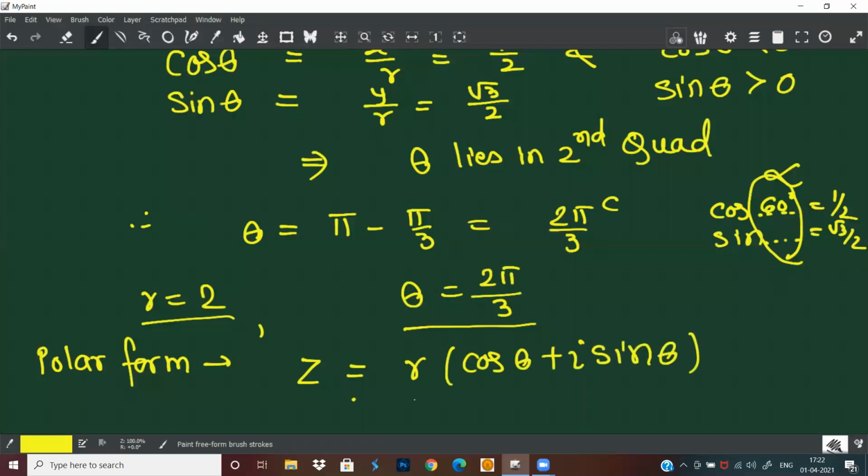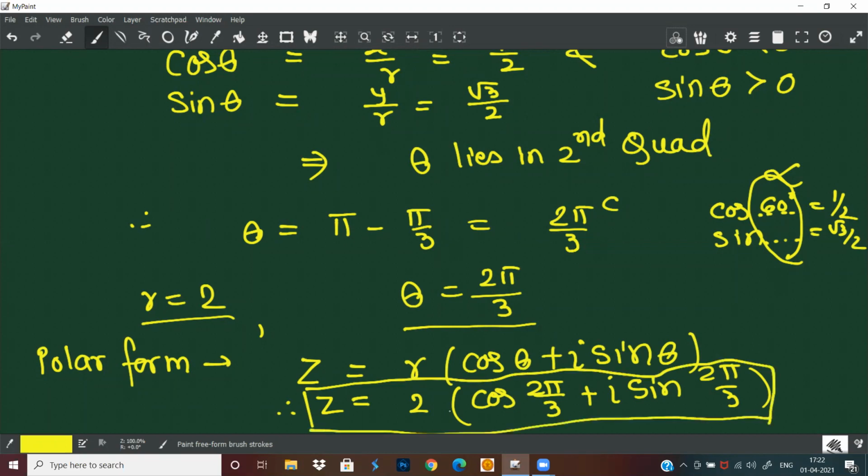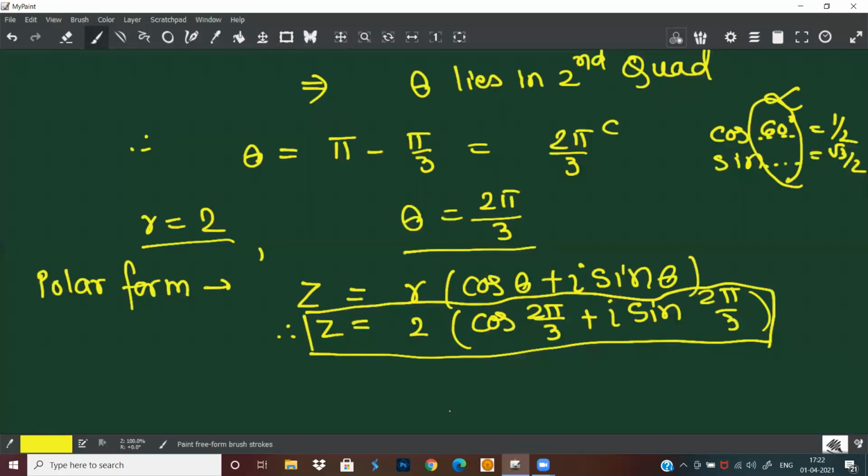So r is 2, cos of 2 pi by 3, sin of 2 pi by 3. This is the polar form. This is your answer. Don't simplify. If you simplify, you will go back to your x plus yi. This is polar form. Correct? All of you got it?